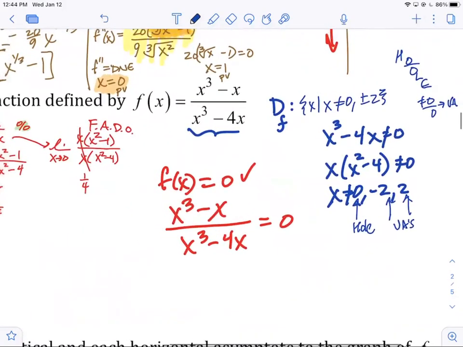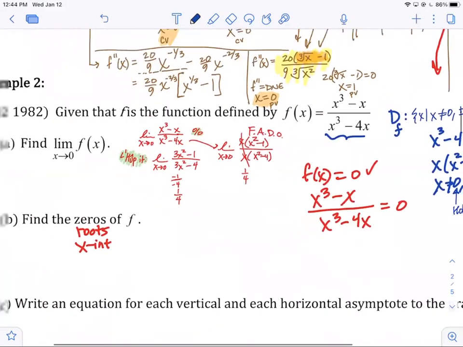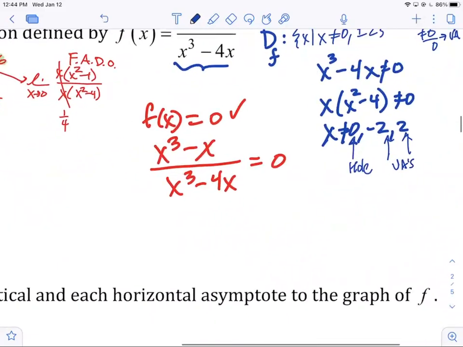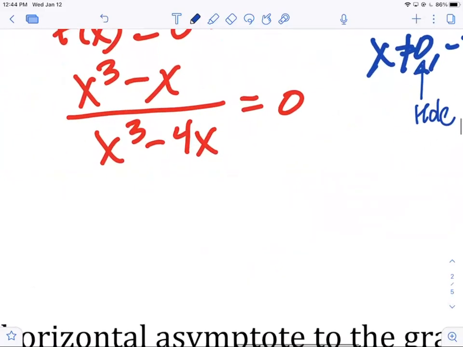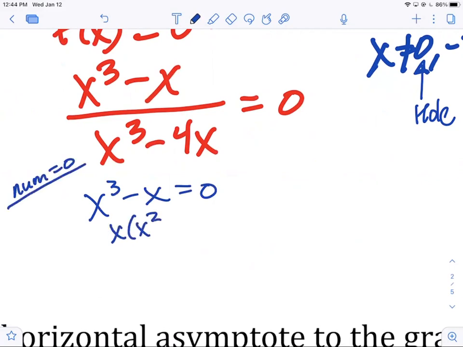Now, why is that important? Well, if you had used L'Hopital's rule on part A to find the limit, you may set the function equal to 0 right here. And then, of course, a fraction is equal to 0 when the numerator is equal to 0. You don't have to say numerator equals 0, you just do it. And then you factor out and you get x equals 0 and then x equals plus or minus 1.